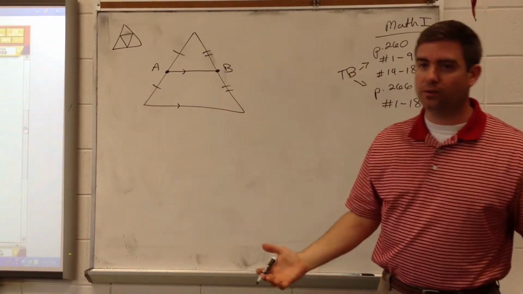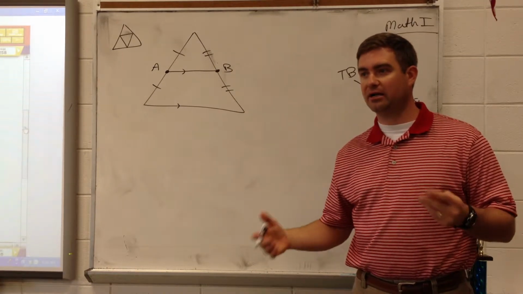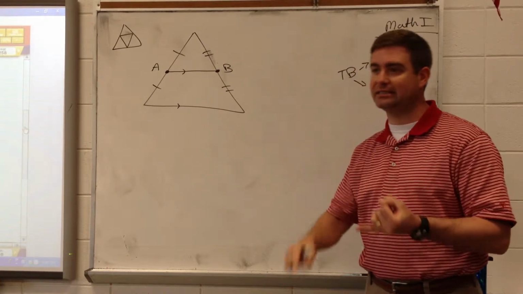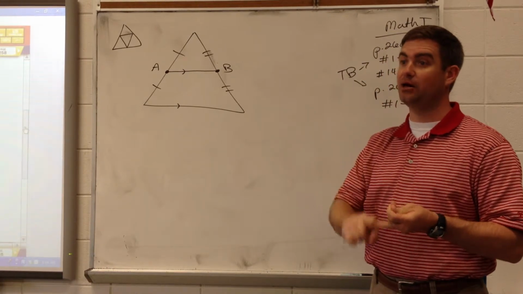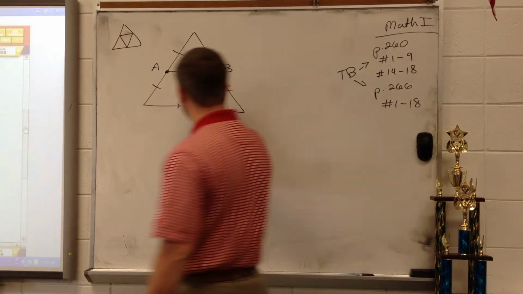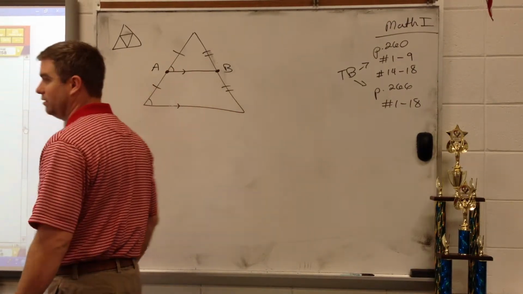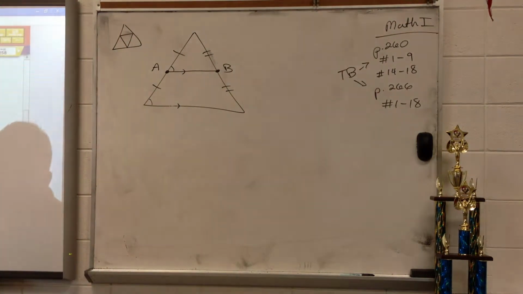Well, who cares? What do parallel lines tell us? Why is that important? Well, they tell us alternate interior, alternate exterior, and most importantly, corresponding. If these 2 lines are parallel, I know that this angle is congruent to this angle. Why? Because they're corresponding. More middle school math.